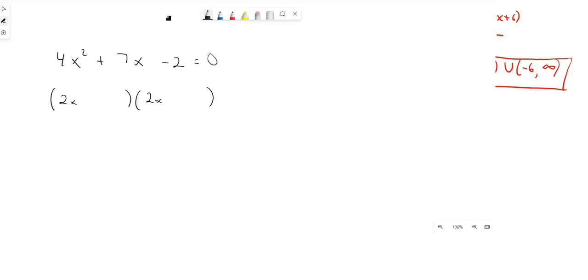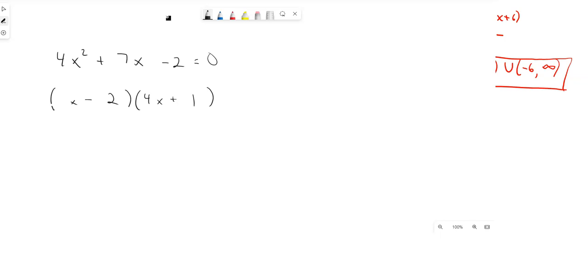I could try a 2x minus 2 and a 2x plus 1, but that doesn't give me enough to hit that 7 in the middle. So maybe instead of a 2x, one of them should have a 4x. So maybe I'll make this an x minus 2 and make this a 4x plus 1. Let's see if that works.